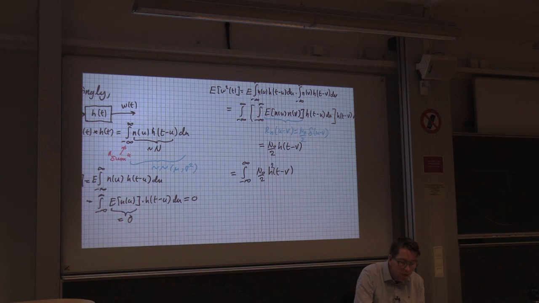So we have it squared, and this should be integrated over v. We simplify by pulling out the constant n naught over 2, and then we have the integral from minus infinity to infinity of h squared of t minus v dv.